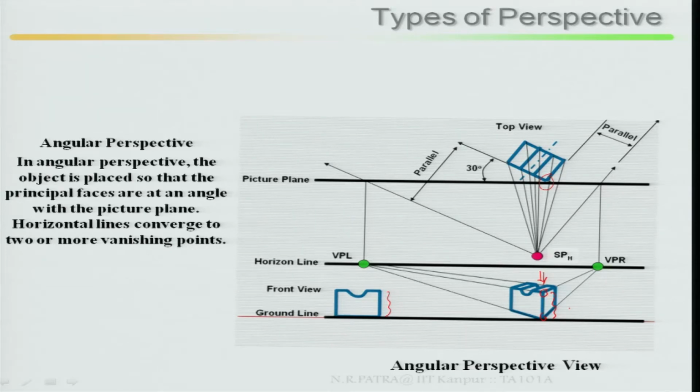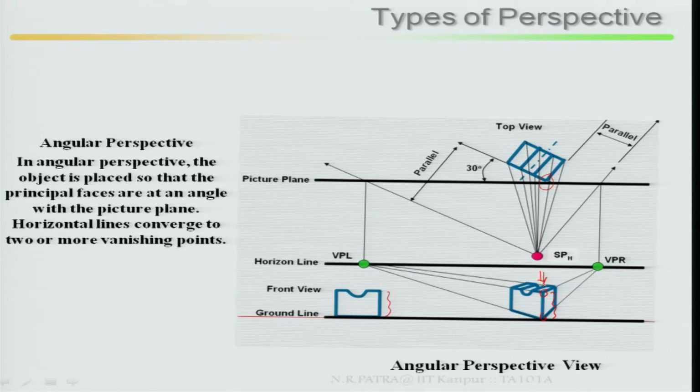Another thing: while drawing these features, I said that once you finalize your left vanishing point and right vanishing point, and once you identify the true length of this object, then the entire left-hand side part of the object should be in the region of the left vanishing point, and the right-hand side part in the region of the right vanishing point, so that there will not be any chance of making mistakes while plotting your perspective views.